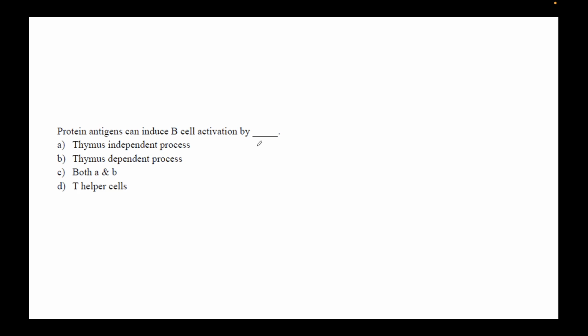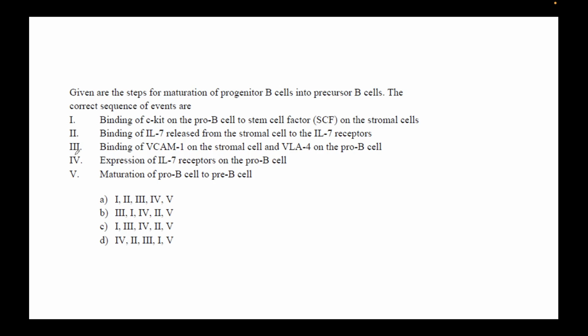The dependent pathway is dependent on the T cells. In the independent pathway, the B cell can interact with lipopolysaccharides, bacterial DNA, or repetitive sequences. But protein antigens need to be presented to the B cell with the help of T lymphocytes. So protein antigens induce activation by the thymus dependent process.